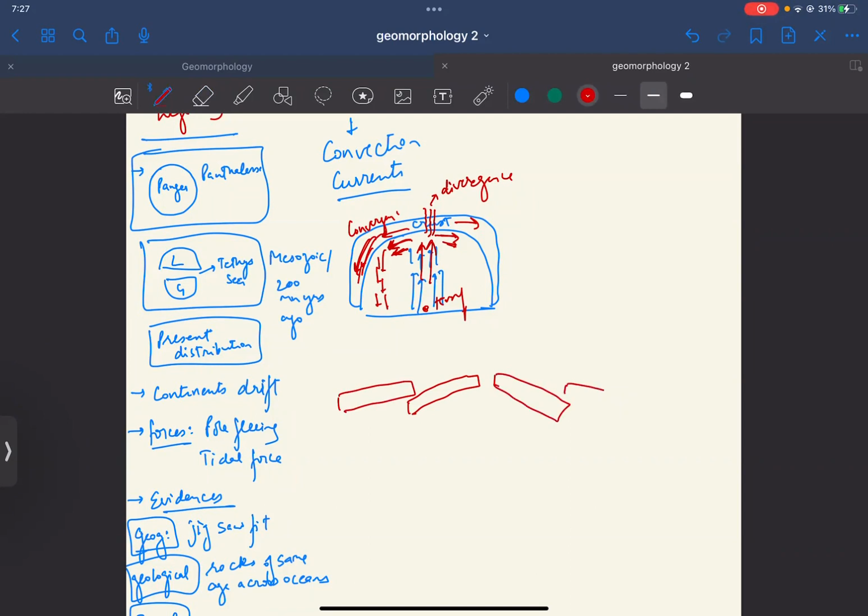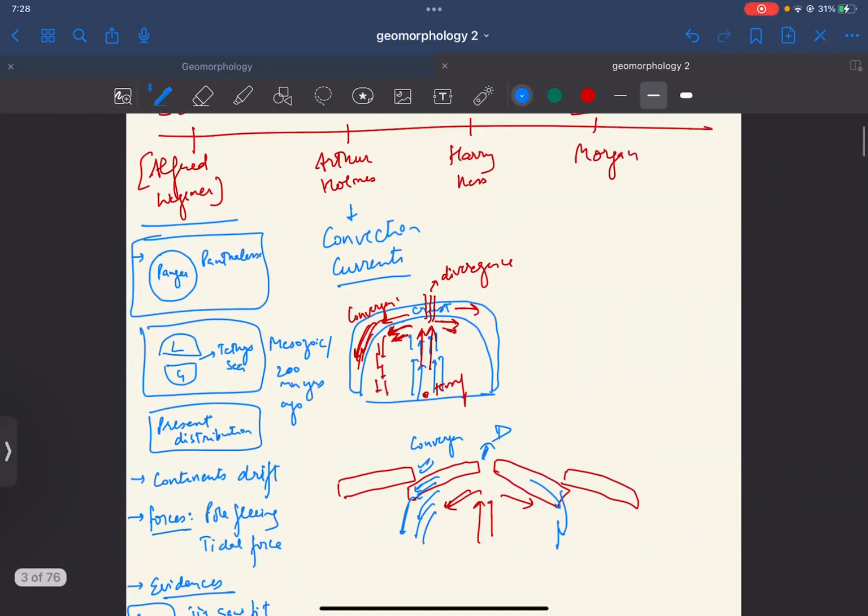Magma is rising, dragging with itself, so it creates divergence, and here magma is falling down, so it drags the plate, or you can say crust, along with it. So here it creates convergence. Trenches are formed. So this is the convection current theory.